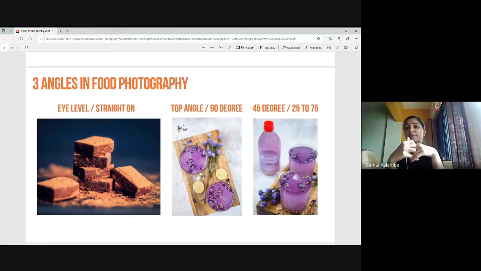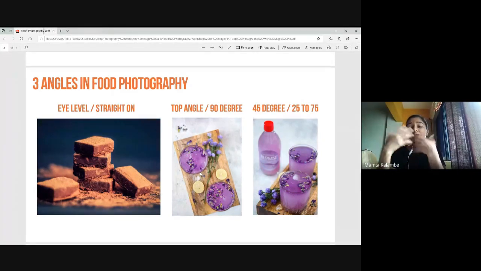In food photographs, sometimes flat lays do not work. The reason is that flat lays work only when, say, you're shooting a pizza. If I'm shooting a burger or a sandwich, I'm not going to shoot it in flat lay, because that will only show the top portion of the food item.